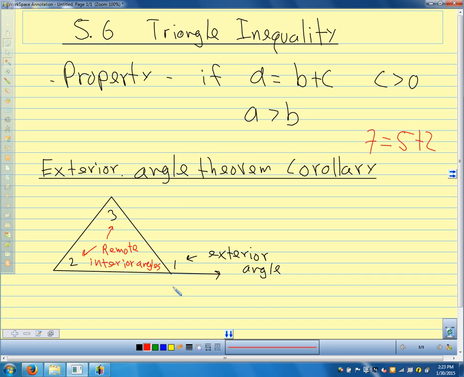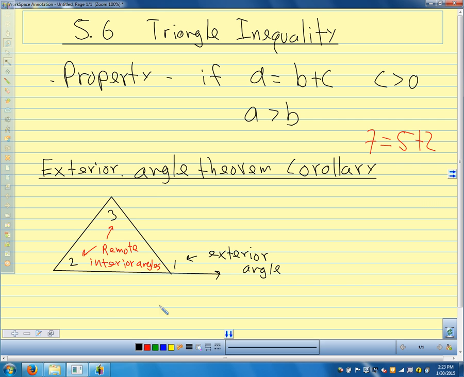Do you remember what we said about the exterior angle and the remote interior angles? Karen? Right. So our theorem was that the remote interior angles added together equals this one. Because all three of these together have to equal 180, and this angle 1 plus this one has to equal 180.